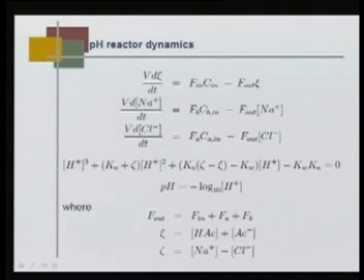So, you see that finally, from the solution of this, we solve for the hydrogen ion concentration, and pH is defined as minus log base 10 of the hydrogen ion concentration.